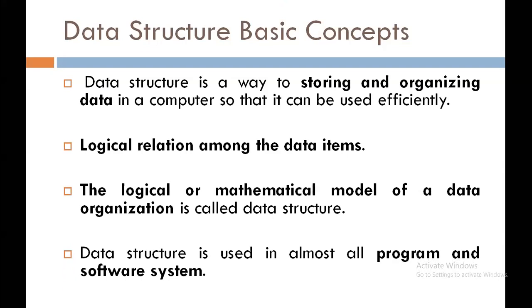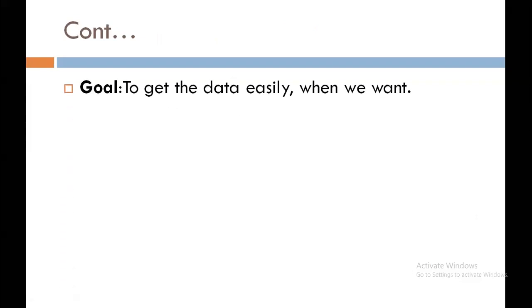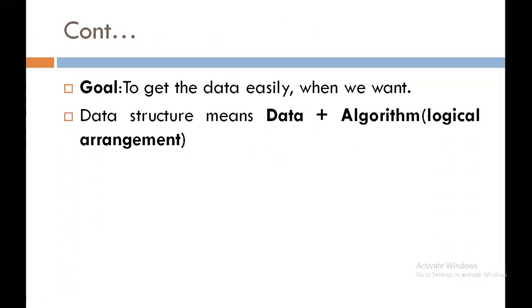Data structures are used everywhere, like in all programs, software systems, etc. The main goal of a data structure is to get the data easily when we want it. A data structure is a combination of data and algorithm.